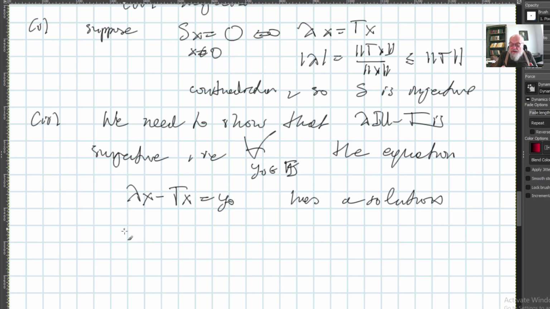But this equation can be written differently. Namely, you have here like this: T of x plus y0 is equal to lambda x.